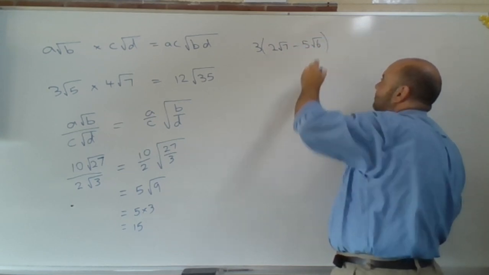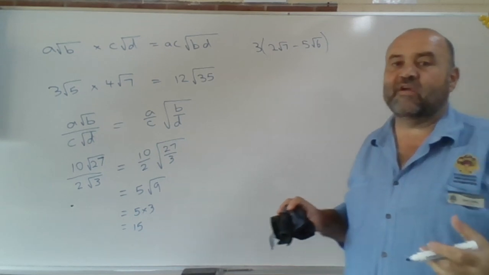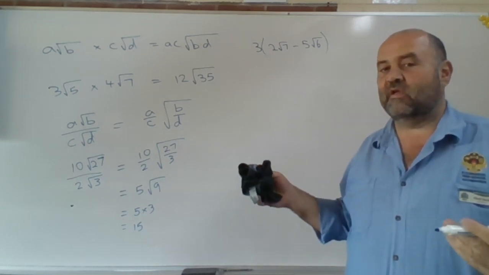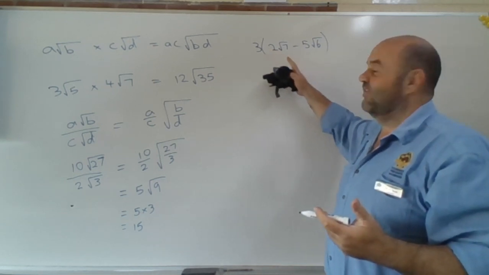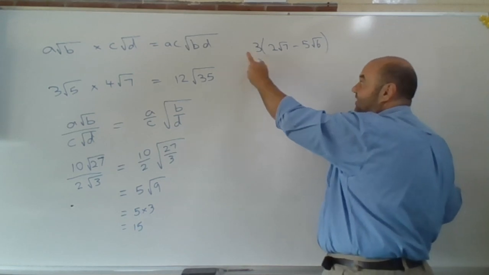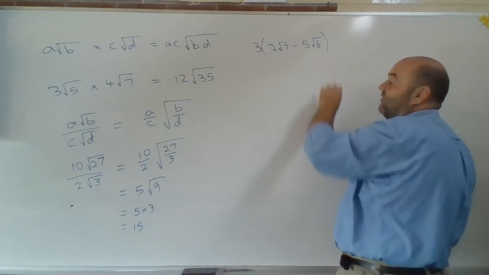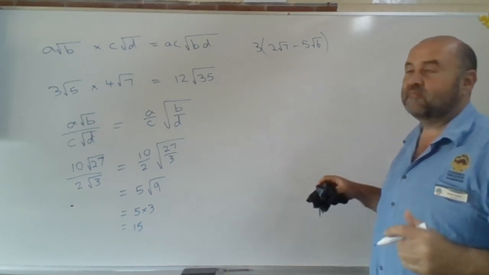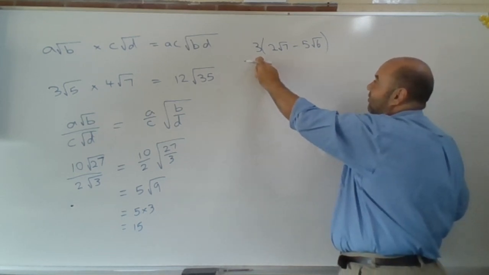just like it does with normal algebra, the distributive law applies here as well. So this means that 3 is being multiplied by everything inside the brackets. So 3 is being multiplied by the 2 root 7. Now 3 is like a coefficient.